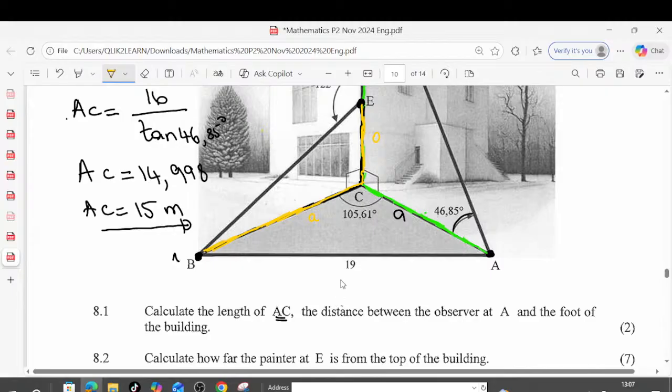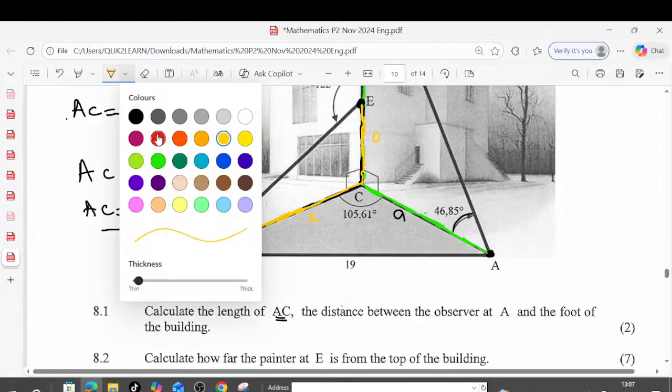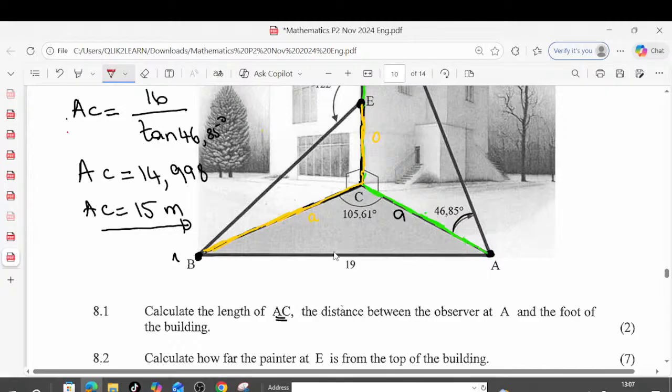And when I see I have AB, and we just calculated AC. I have this line and I have that line. So in order for us to use SOH CAH TOA, which angle should we use?